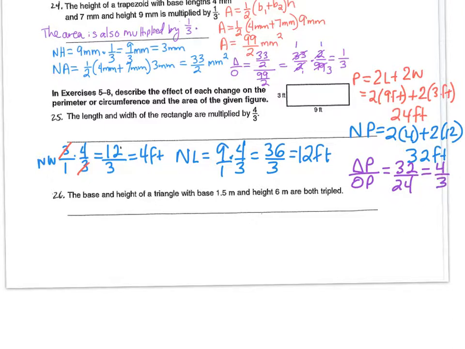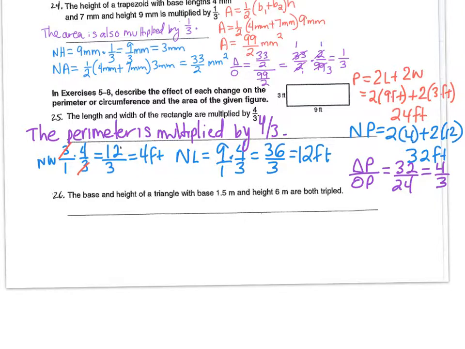So then what happened to the perimeter? It's also multiplied by 4/3, right? Okay, so then let me make that conclusion. The perimeter is multiplied by 4/3.